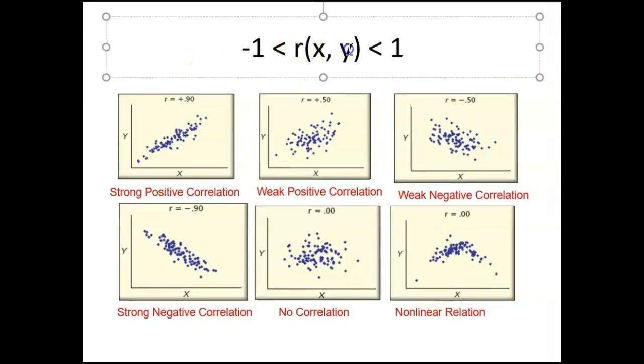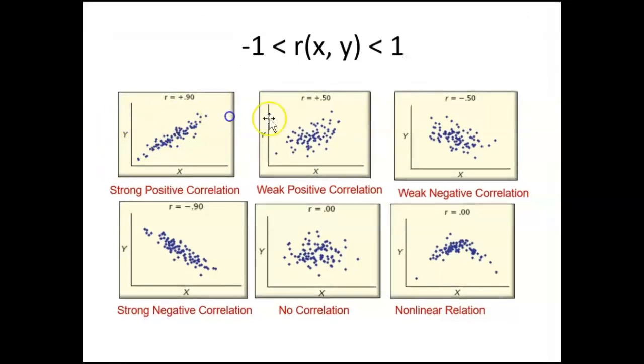Here we have the correlation coefficient, correlation between x and y ranges from -1 to 1. And you can see that the higher the correlation here, it's 0.9, the tighter the pattern of the dots.